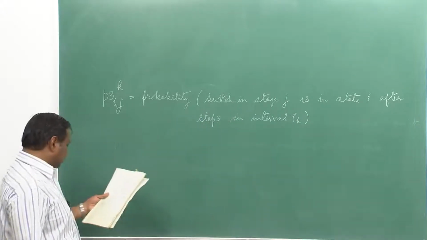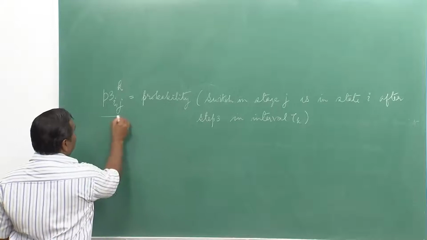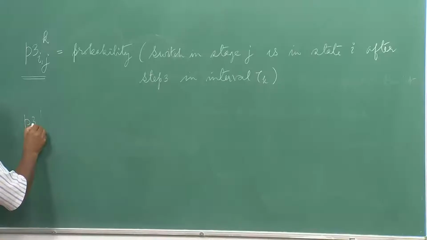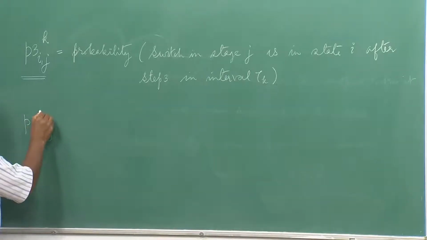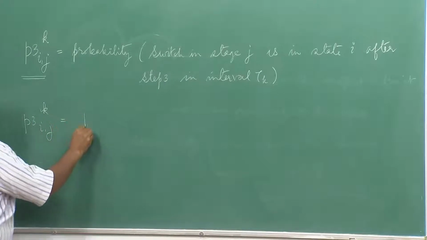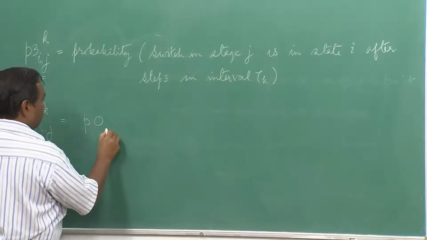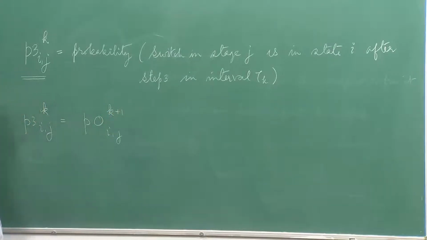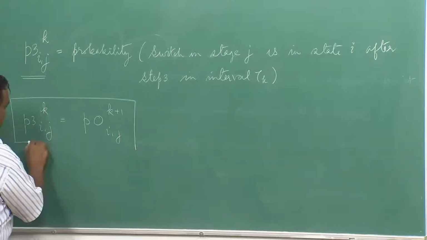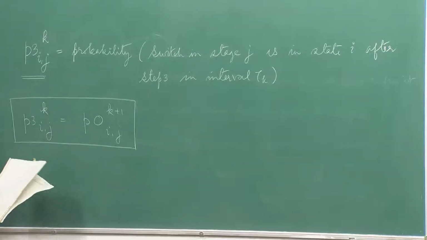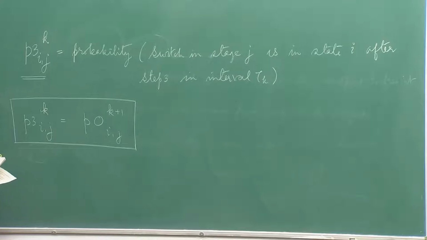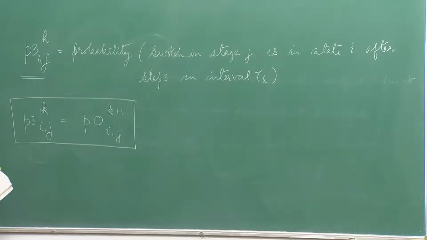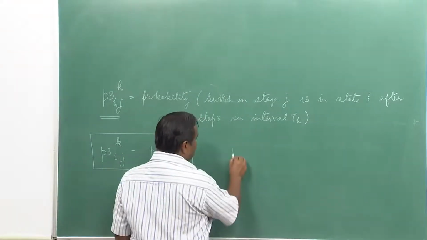Now, interestingly, this P3 i j should be equal to P0 i j in k plus 1. So, this is important, this is what I had emphasized earlier. We also now define certain other probabilities. So, we can define Pj tilde.